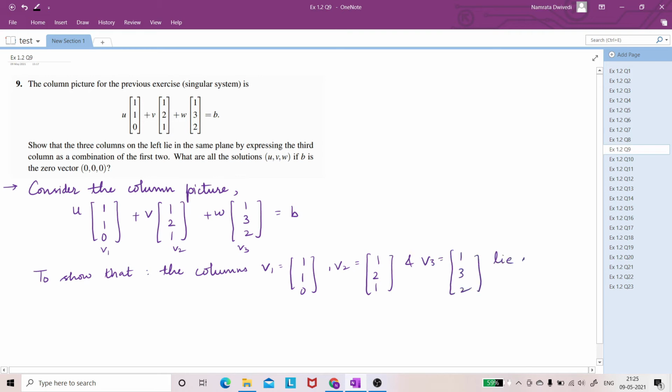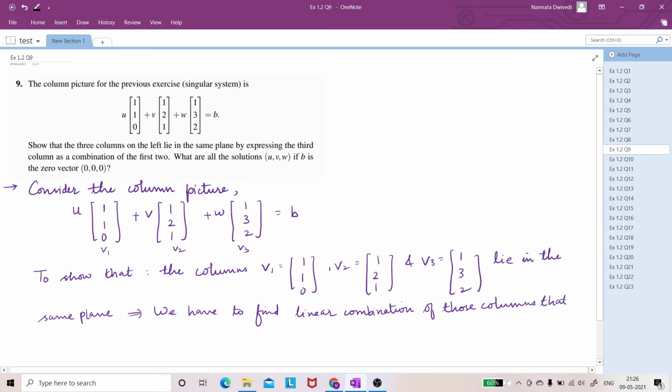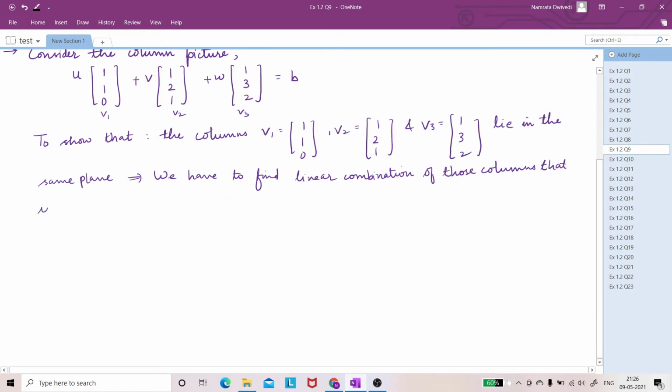lie in the same plane, that is, we have to find the linear combination of those columns that yield 0.